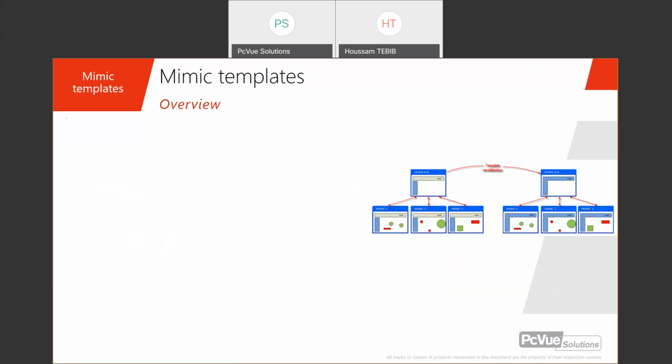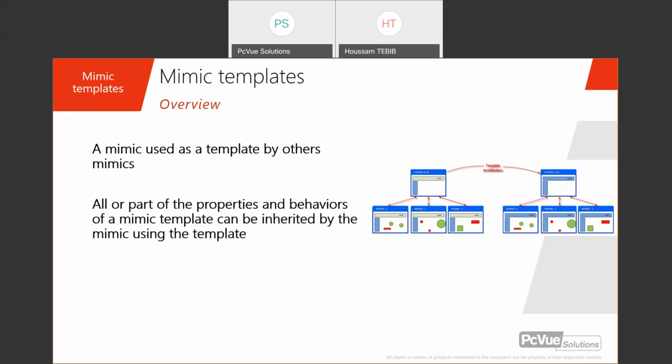Another very important feature that we have in PCView when you create your project is the mimic templates. Basically, a mimic template is a specific mimic that can be used by other mimics. When you create a new mimic, you can apply all or just a part of the properties and the behaviors of a template mimic.